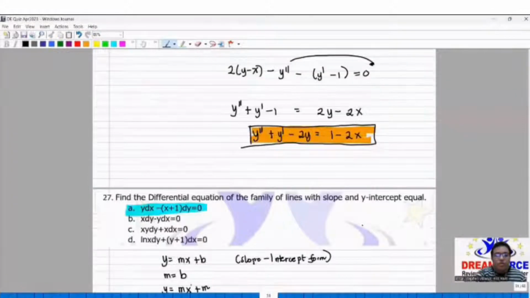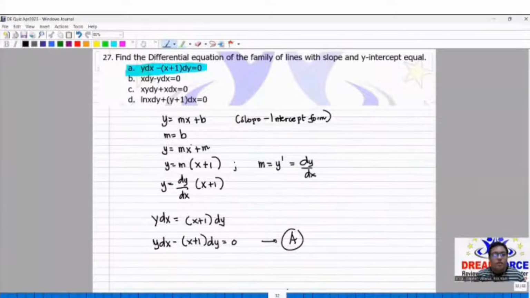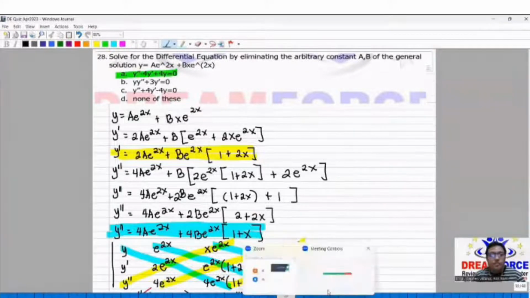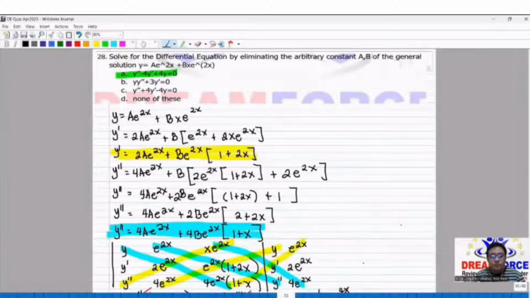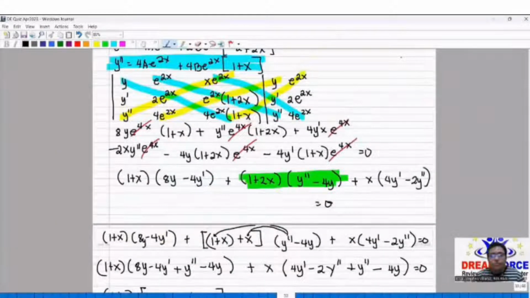Number 27, apple, part 1. Next, number 28, apple, part 1. Next, part 2. Next, part 3.